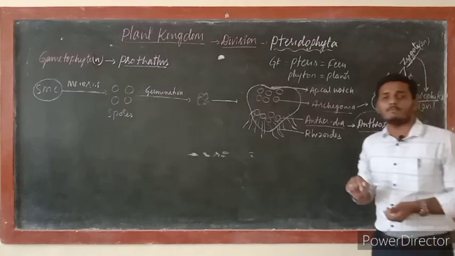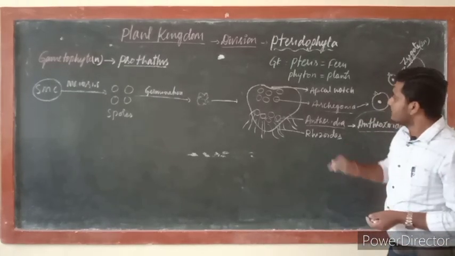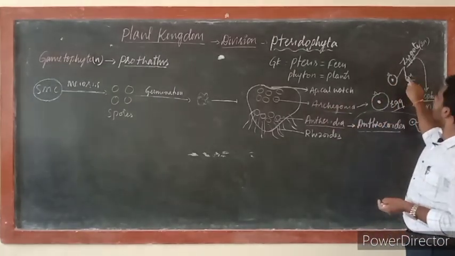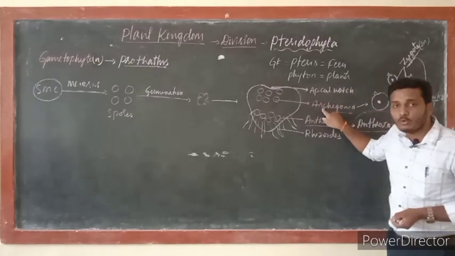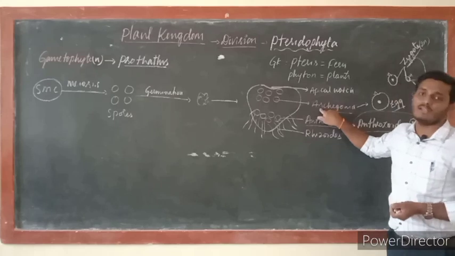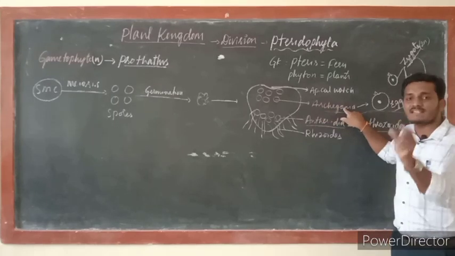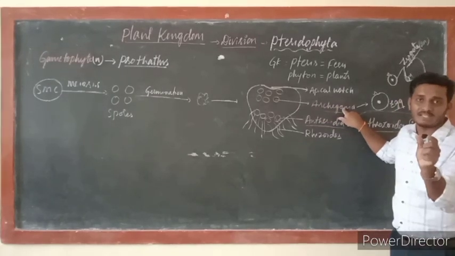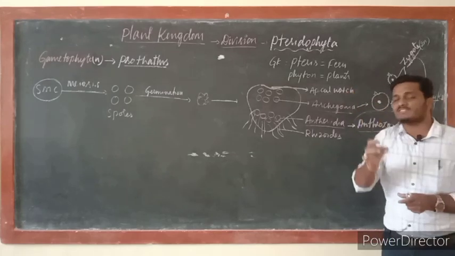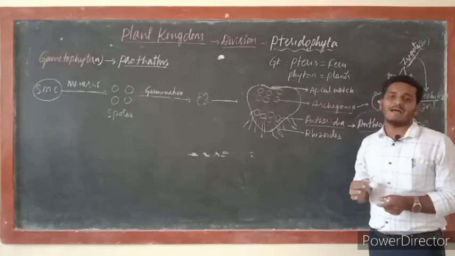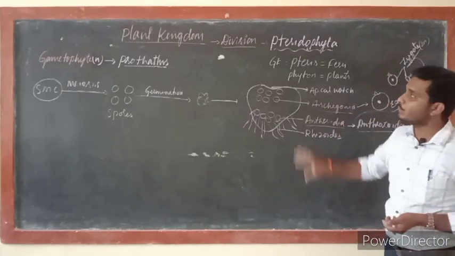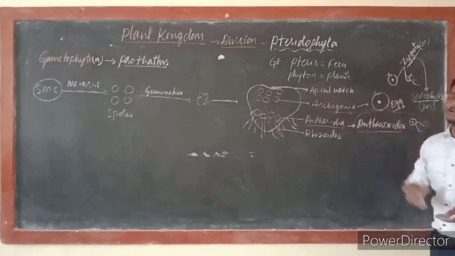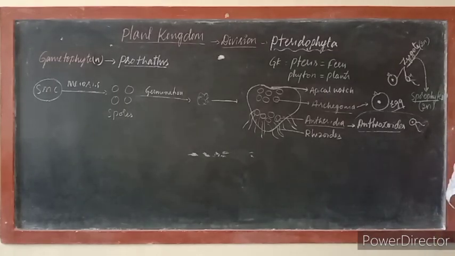One thing we have to remember here is that the fusion of the male gamete with the female gamete happens in the archegonia, which means the archegonia is the female gametophyte. This is the first stage, the beginning of the seed habit. So that is what we have in detail regarding the division Pteridophyta.